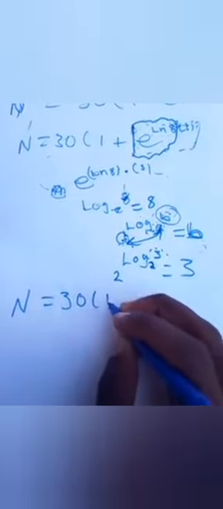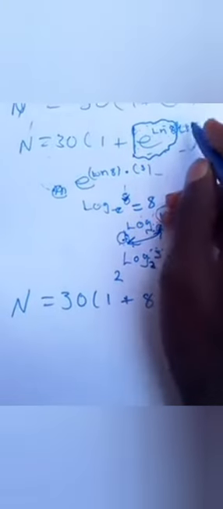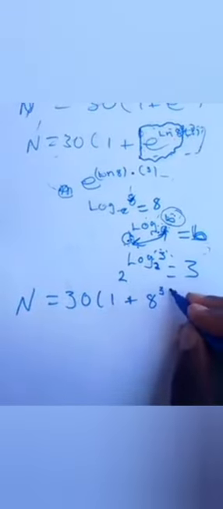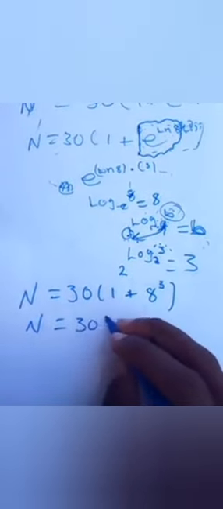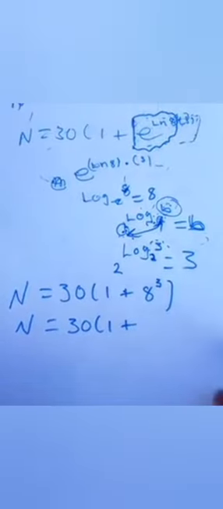So meaning that I'm finally going to have n is equal to 30 times 1 plus 8, and this one will remain an exponent, so it will be raised to the power of 3. I know you might be confused by this property.